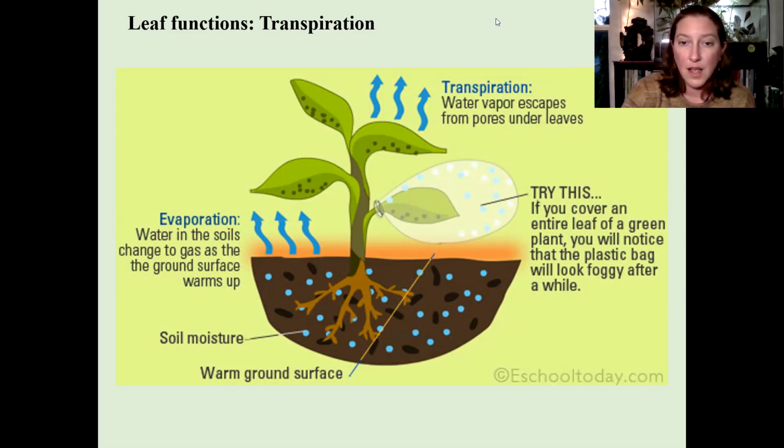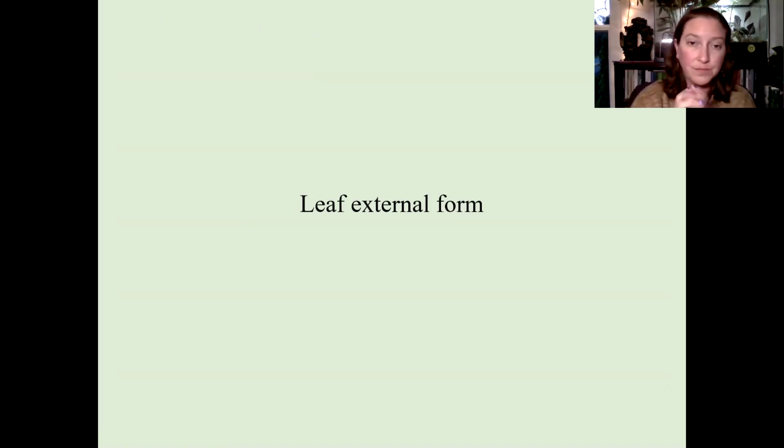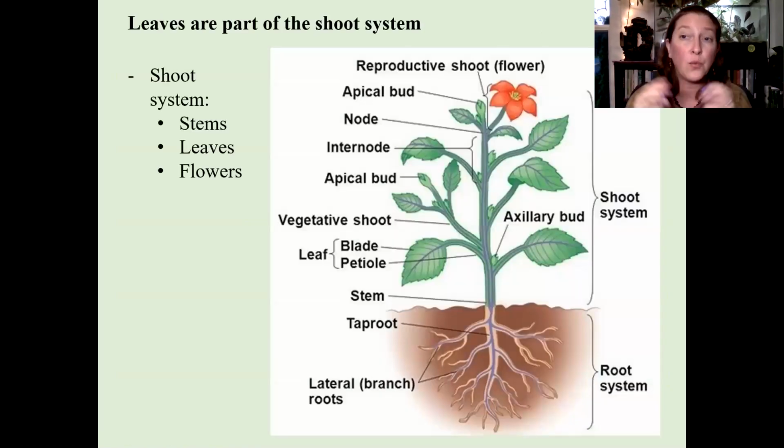Next. Okay. The functions of the leaf, right? Functions of the leaf: photosynthesis and transpiration. Easy enough. All right. Let's talk about what leaves look like on the outside and the ways to talk about them. So we saw this representative plant last time.